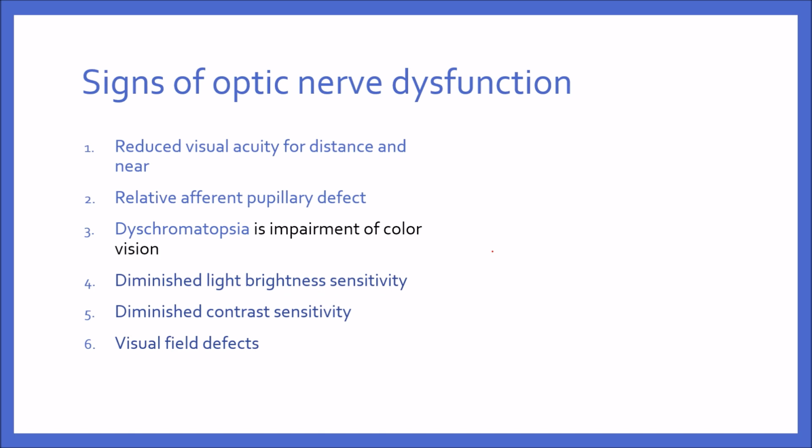And also loss of red-green color vision is a common manifestation of optic nerve disease and can be rapidly tested with the Ishihara test, although there are exceptions to the rule. For example, in glaucomatous disc damage, red-green dyschromatopsia is not common.